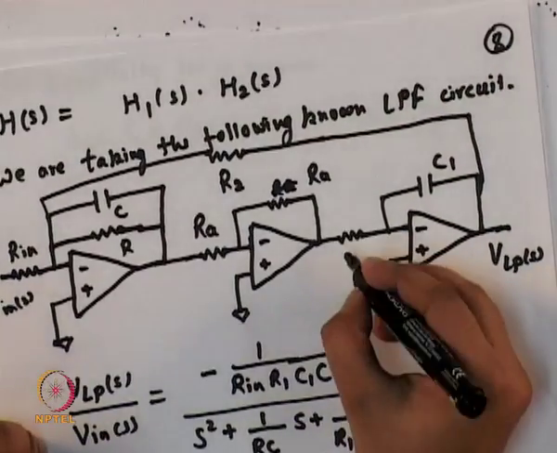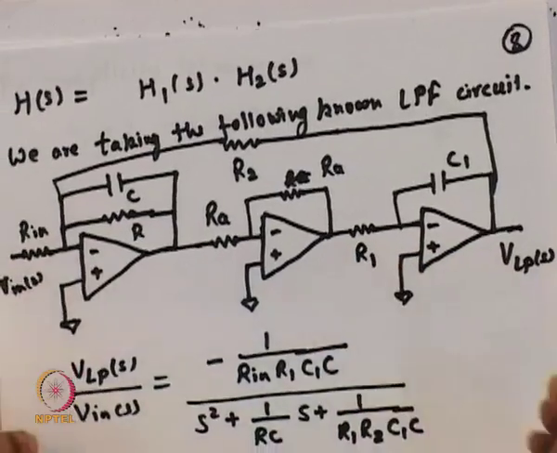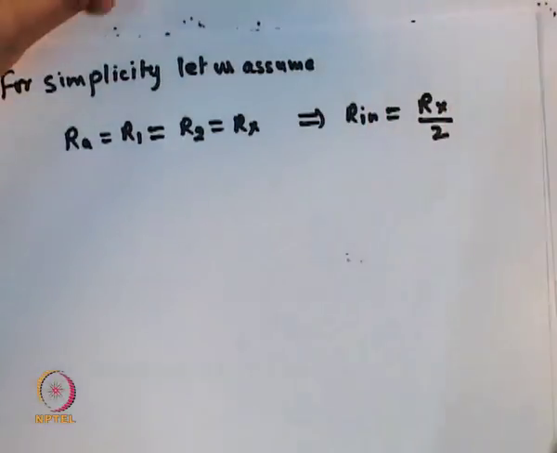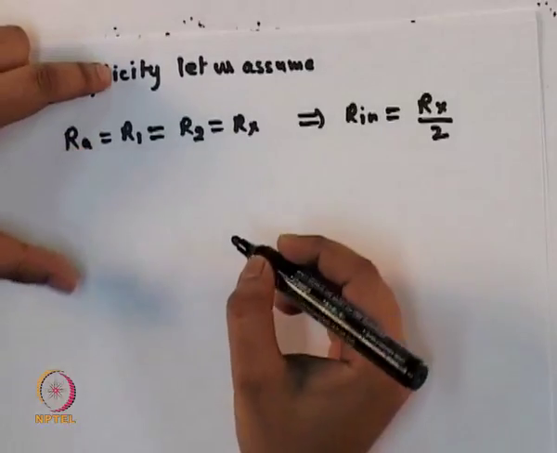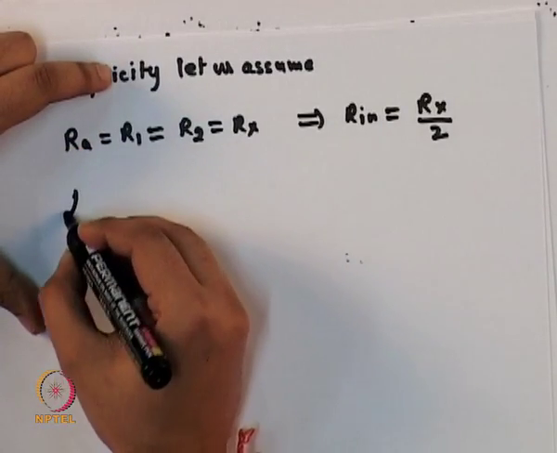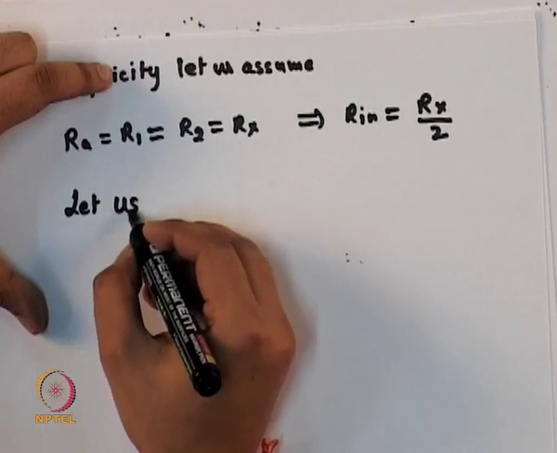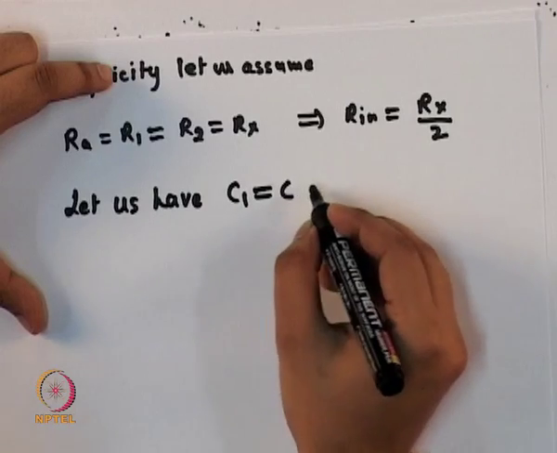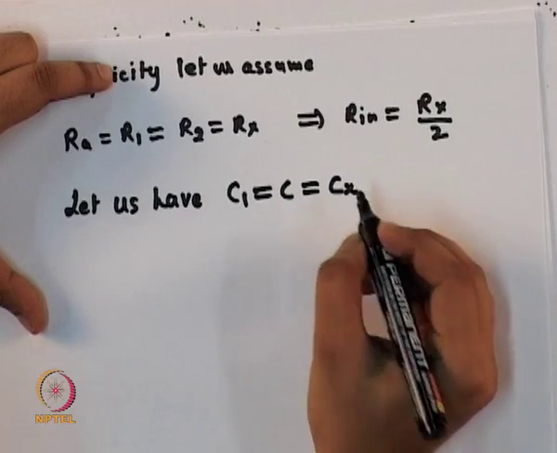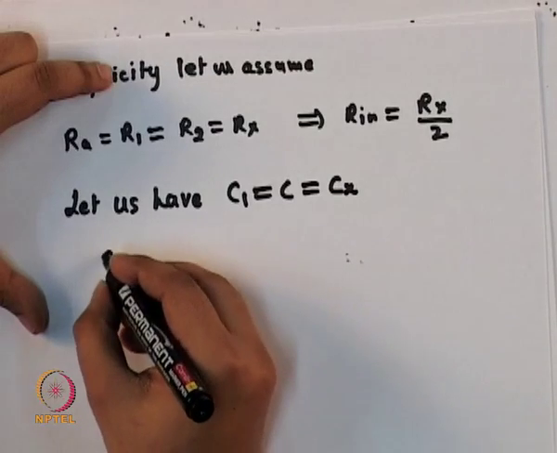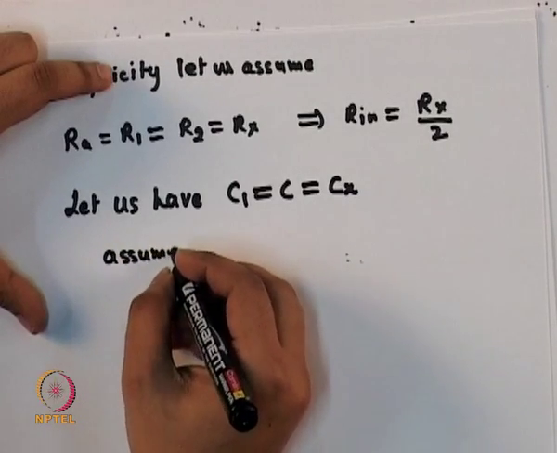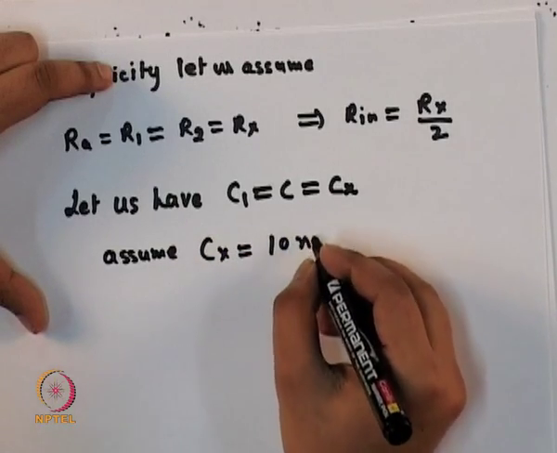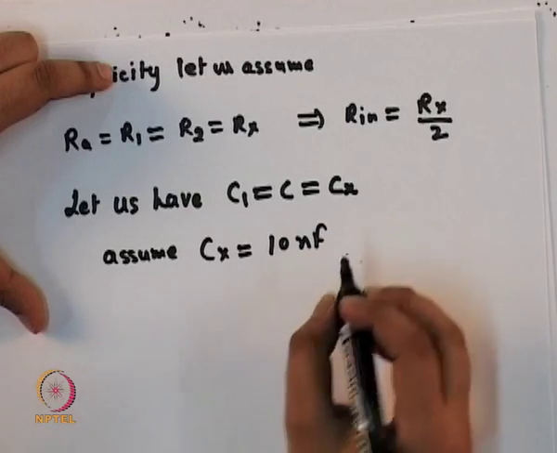From this circuit, this is the R1 that I forgot, so this is the R1 value. Now let us have C1 equal to C equal to Cx. Assume Cx equal to 10 nanofarad.